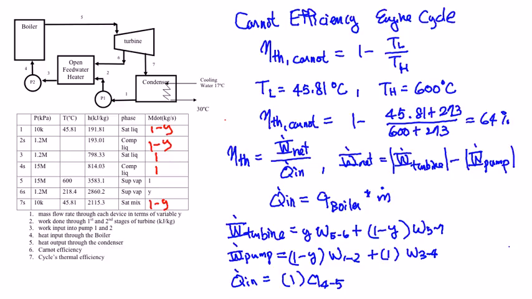You have these numbers, which I'm going to put check under them, hopefully on a piece of paper taken from the prior videos. And at this particular point, you can then plug them in. Your final answer will be in terms of y, since we did not tell you what y is. But this is how you figure out the cycle's thermal efficiency. It's by this particular equation right here.